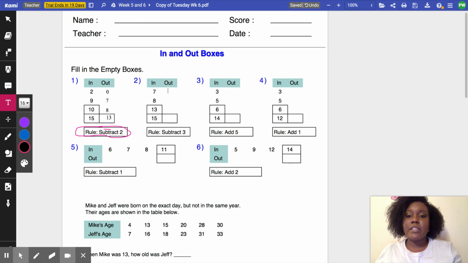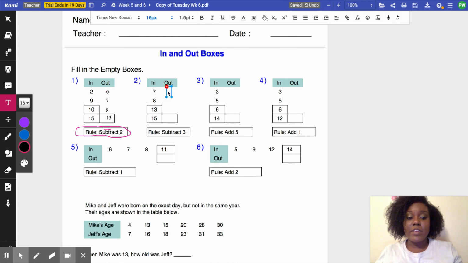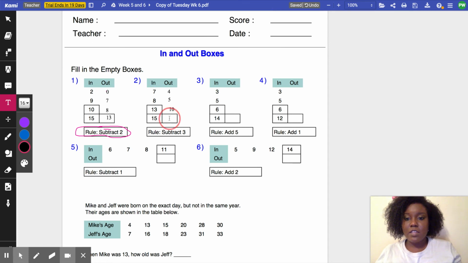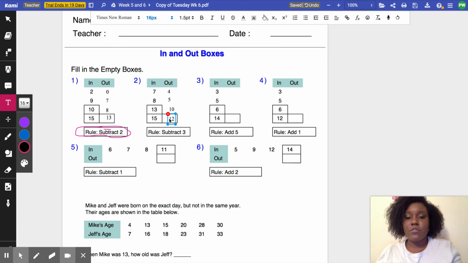On this next one, we're taking away 3. 7 take away 3 is 4. Well, 8 take away 3 is 5. 13 take away 3 leaves me with 10. And 15 take away 3 is 12.